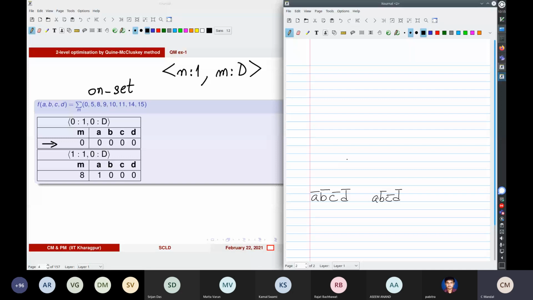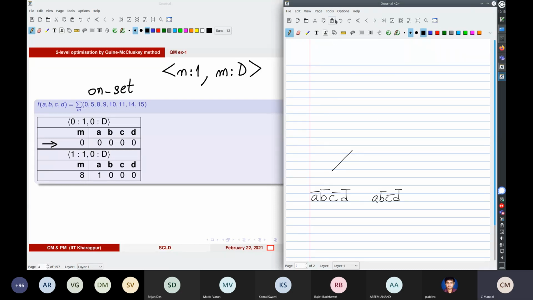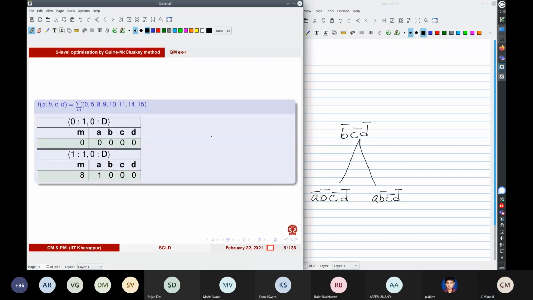If you join these, what do you get? You would get b bar, c bar, d bar. This light green just shows that these two are adjacent, and when you join them, this is what you get: b bar, c bar, d bar.